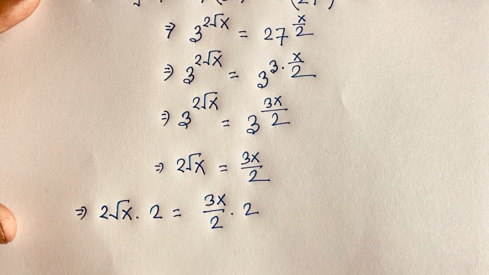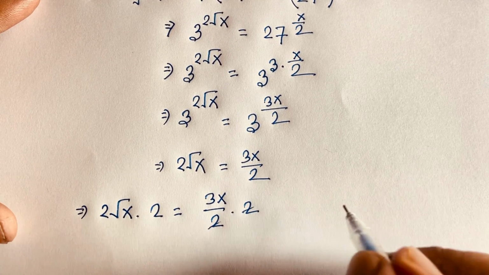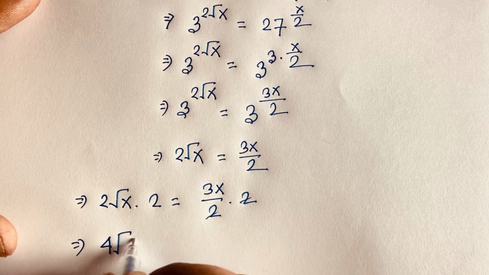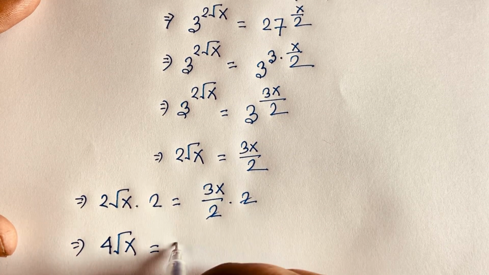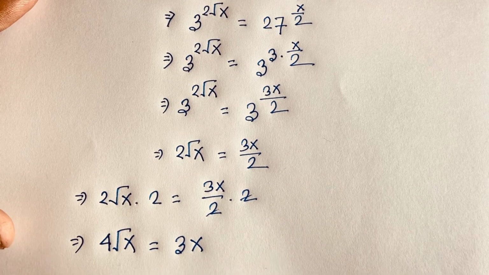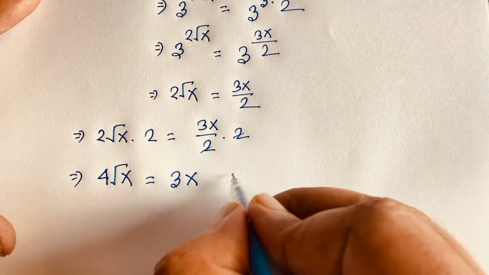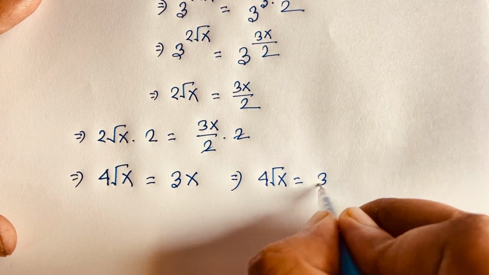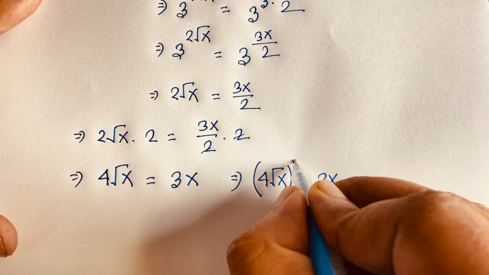I multiply both sides by 2 to cancel. We'll find out 4 square root x is equal to 3x. Then I take the square of both sides.